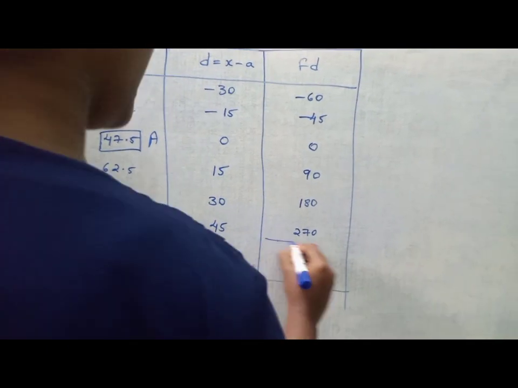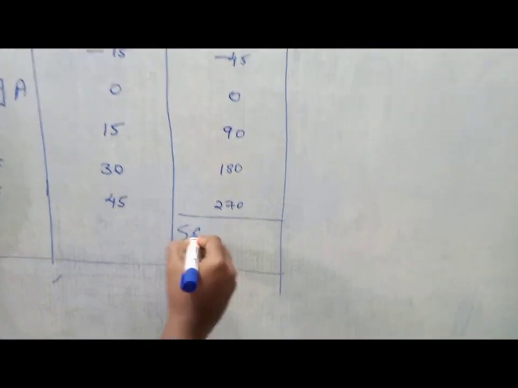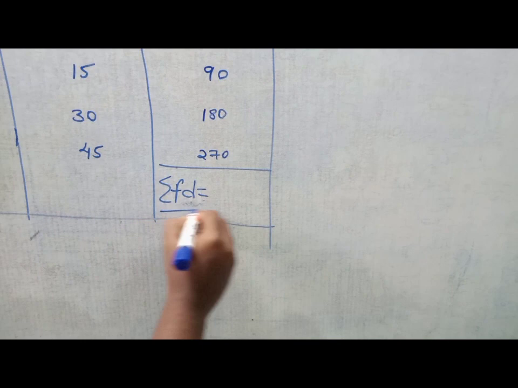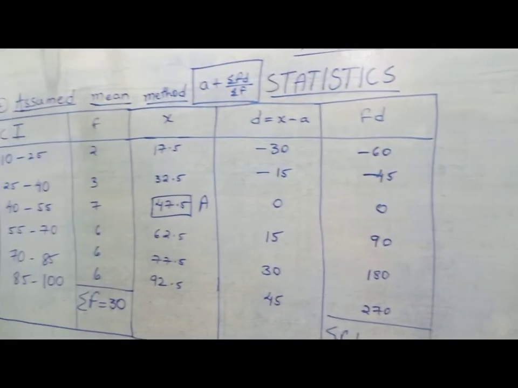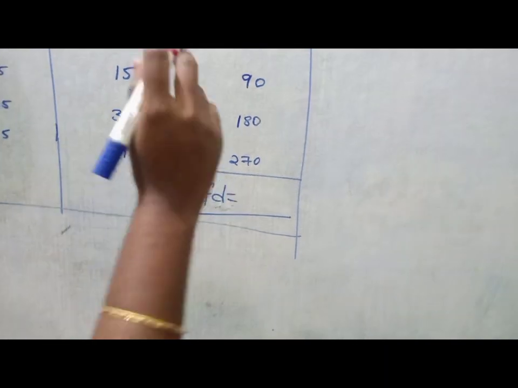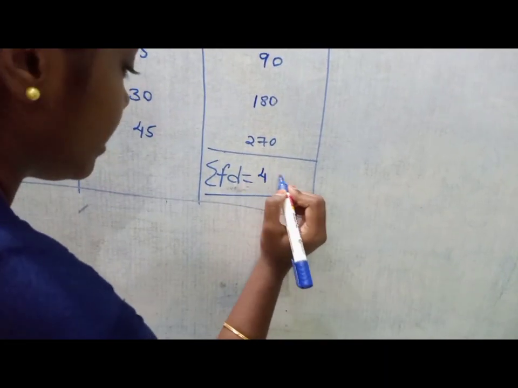Now we have to add fd. The sum of fd is 435.